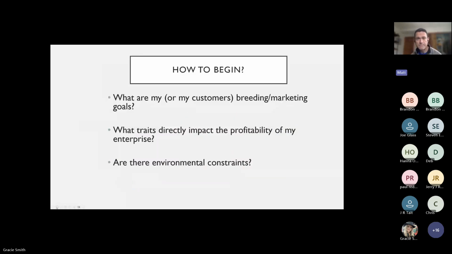Right, so how to begin? I talked very early on about a breeding objective, and that's where it starts. So what are the goals of my enterprise or my customers if I'm one of those seed stock vendors? And then identifying the traits that directly impact profitability, right?